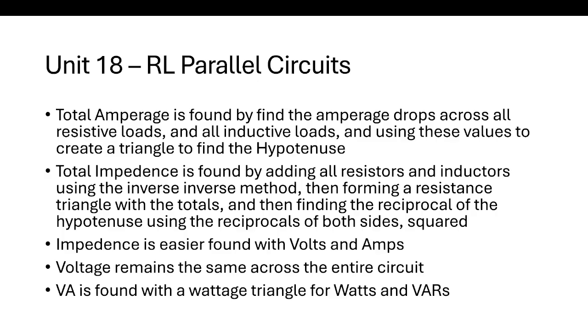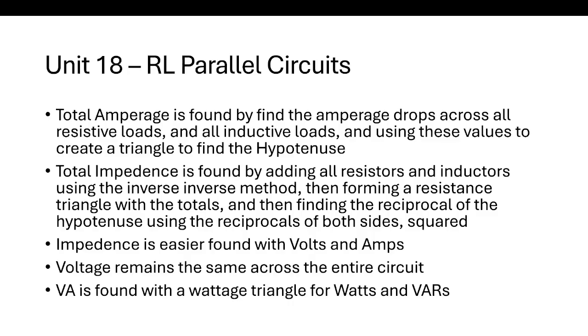Impedance is done different. The method that I listed first is pretty complicated. The way that they explain it in the book doesn't make a lot of sense. But basically, how it works is you find your total resistance and your total inductive reactance the same as you would in any parallel circuit. You do the inverse method.